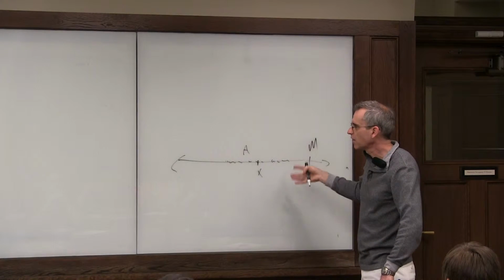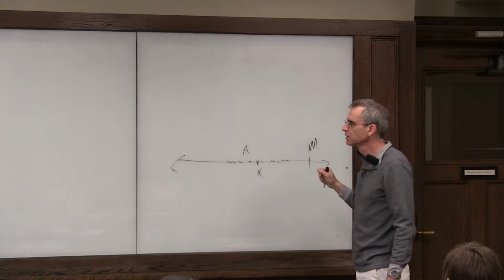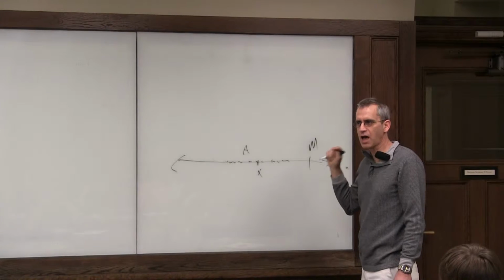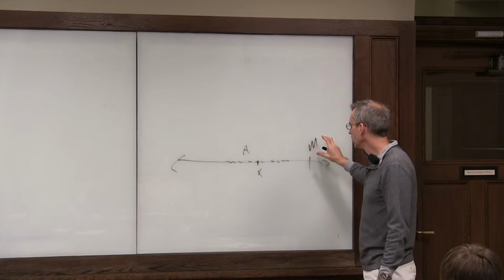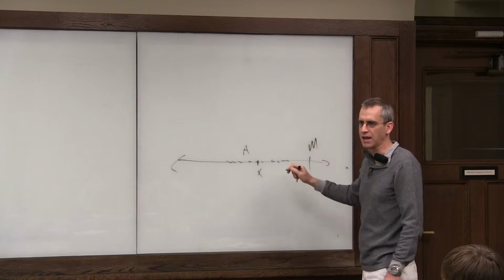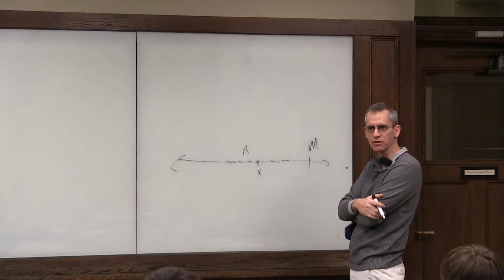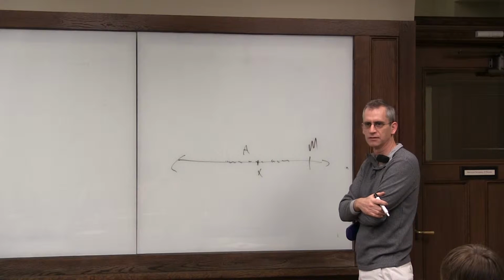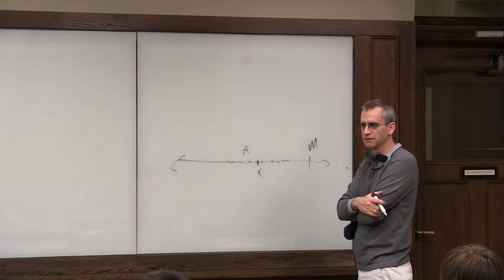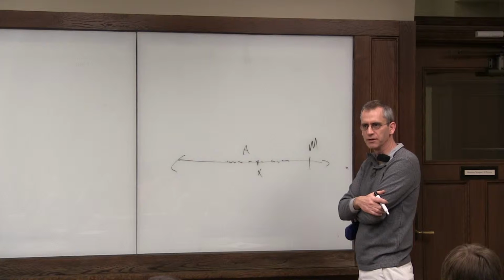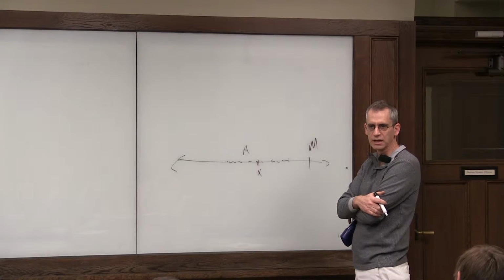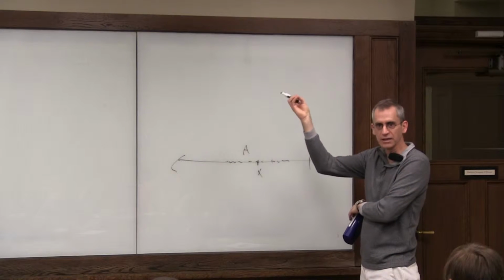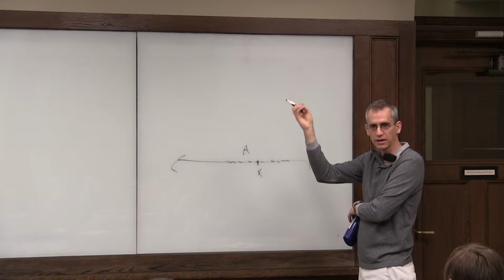So having said all that, this is a for all statement. What would be my opening line to show that M is an upper bound of A? I'm not actually proving anything now, but there's a standard opening line. With a for all statement, it's not always true, but in here usually the best way to start is to pick up something that's supposed to satisfy this property and then work with it.